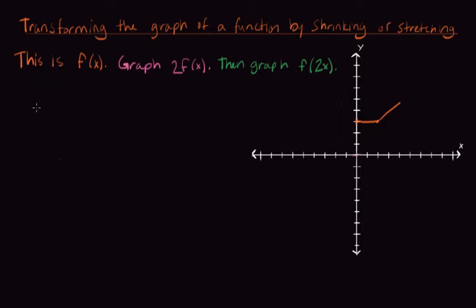So when we shrink or stretch a graph vertically, it looks like a times f of x. So we take some number a and we multiply by f of x, and that means that we stretch the graph vertically by a factor of a.